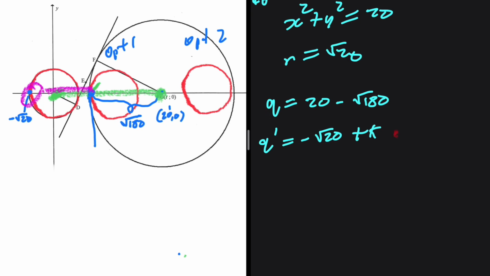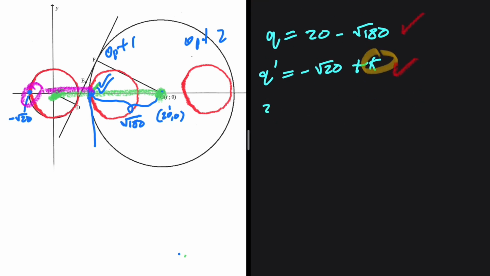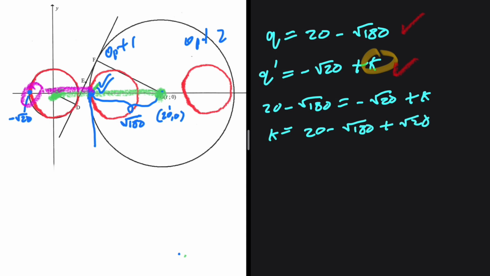So when q prime is equal to q, then we can determine the value of k such that the circles touch at this point. Okay, so 20 minus square root of 180 is equal to minus square root of 20 plus k. So k is equal to 20 minus square root of 180 plus square root of 20.